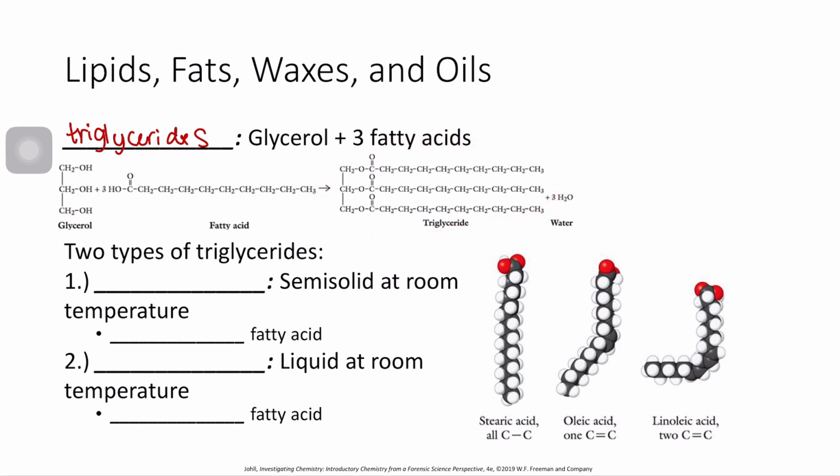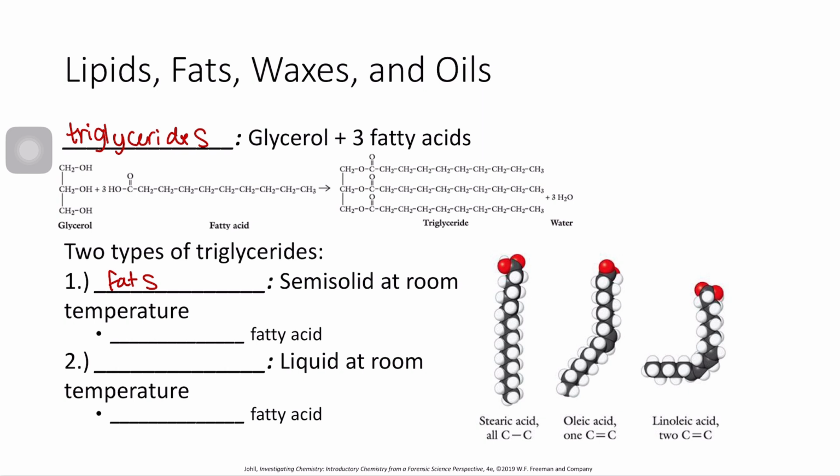So a triglyceride is also a type of lipid, and we have two types of triglycerides. We have fats, which are semi-solid at room temperature. Something like butter is a fat. It is a semi-solid at room temperature.